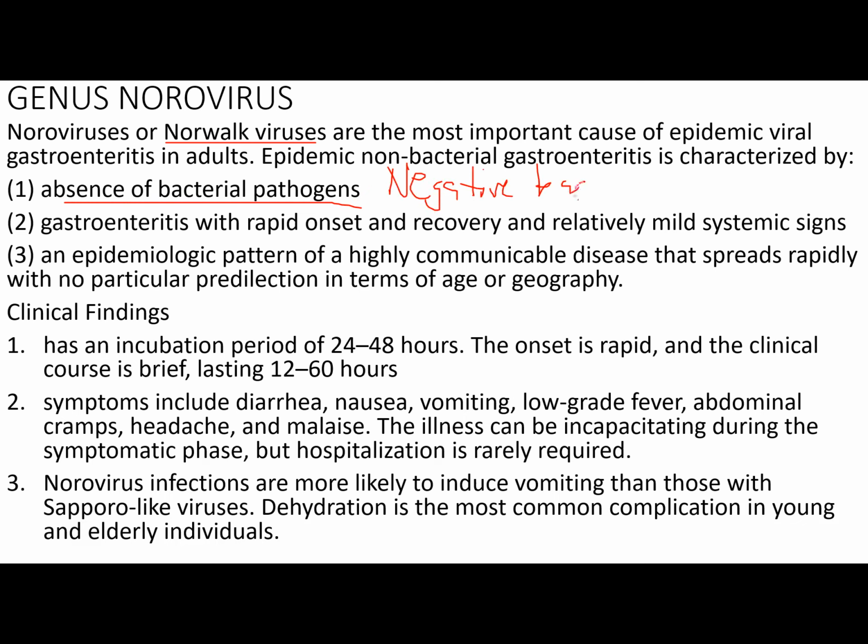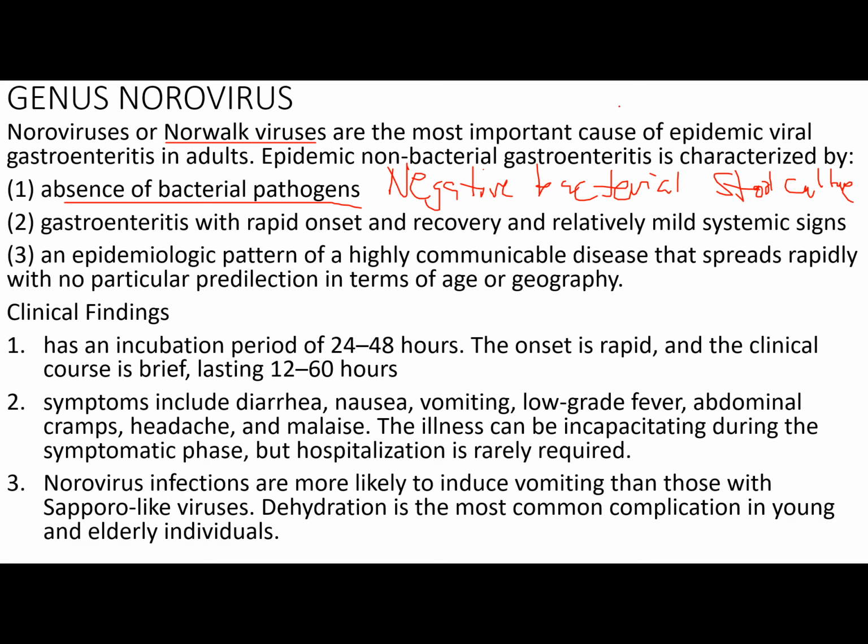Then you have gastroenteritis with rapid onset and recovery and relatively mild systemic signs. An epidemiological pattern of a highly communicable disease that would spread rapidly with no particular predilection in terms of age or geography. So this is more of a random gastroenteritis. It doesn't follow a pattern. It doesn't affect a certain group of people. It's just a random gastroenteritis.